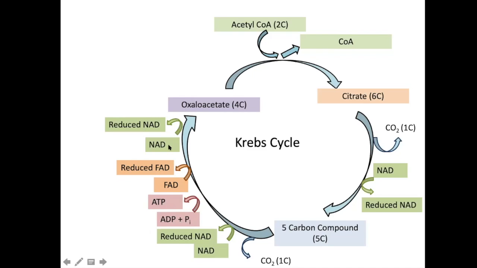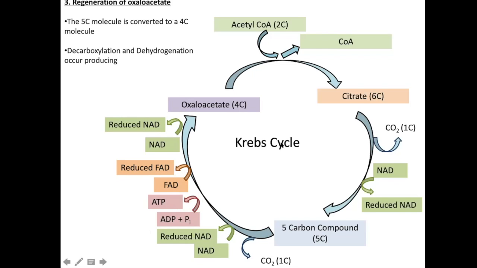And then we'll have a second NAD forming reduced NAD. And so this is called the regeneration of oxaloacetate, because we've got that 4 carbon again, ready to react with 2 and go back into the cycle. So we're basically feeding new 2 carbon blocks all the time, and then we'll be breaking it down to 4 carbon blocks. And it's feeding with another 2 carbon blocks, etc. So it's going around in a circle.